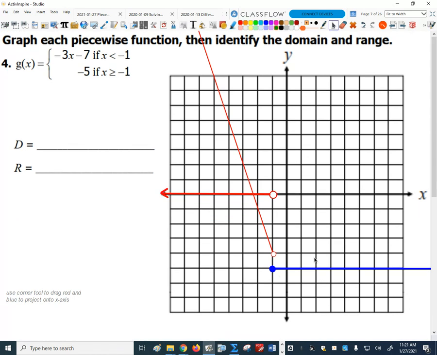If I projected the entire blue piece onto the x-axis, that means I'm just smushing the whole thing straight up onto the x-axis. And that's what I get, right? That blue endpoint fills in, the solid blue endpoint happens to fill in the red open endpoint of my domain.